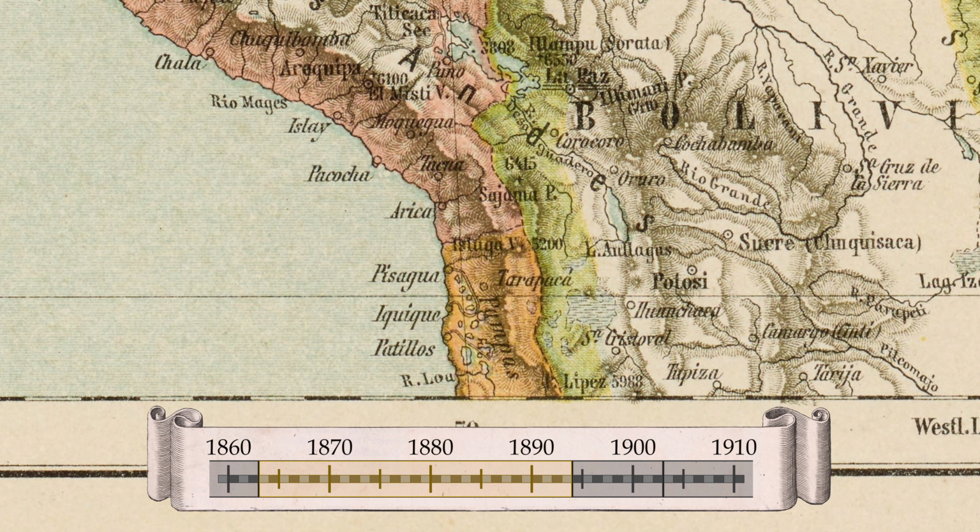And this is where the earlier point about maps comes into play. The map we're looking at here is a German map. German atlases, especially high-quality academic ones, tended to follow formal treaty law very strictly. In other words, they focused on the de jure situation, the legal arrangement according to treaties, rather than the de facto situation on the ground, which would involve more interpretation.